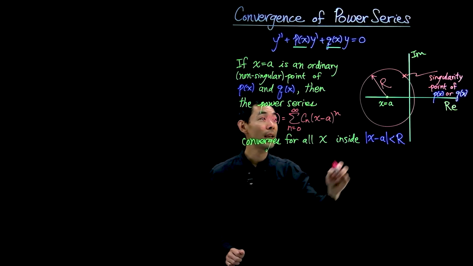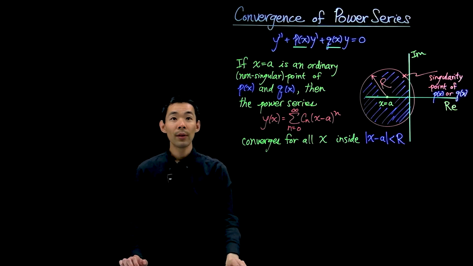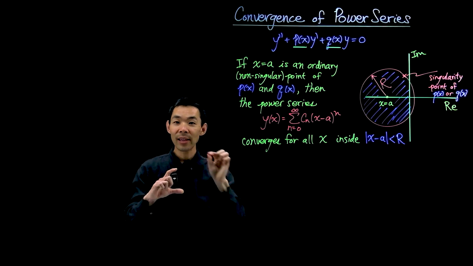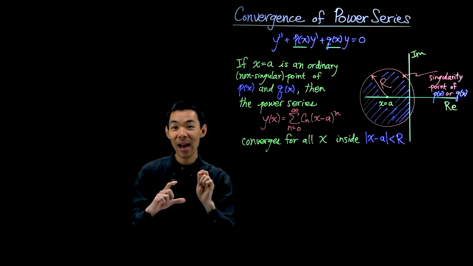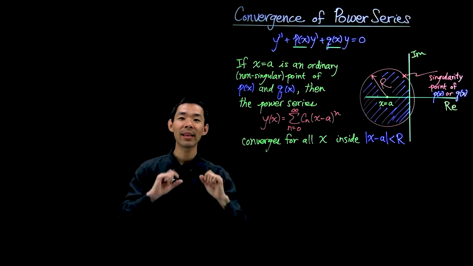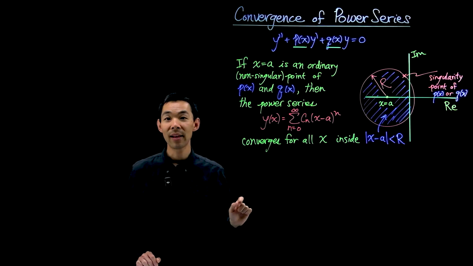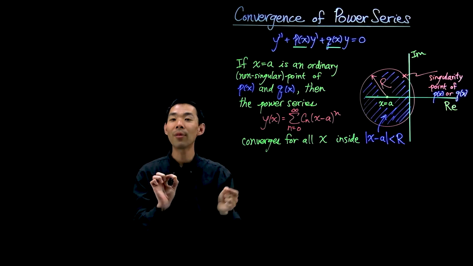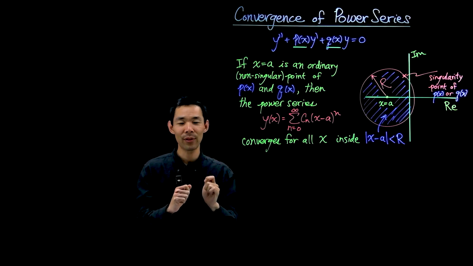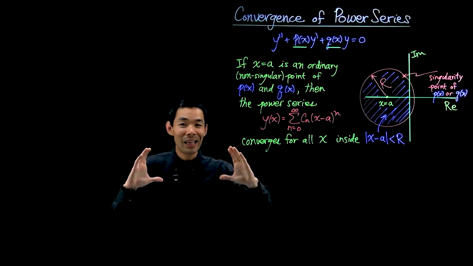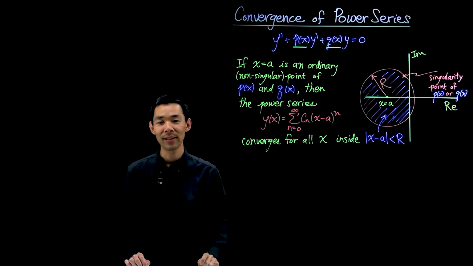And in this particular case, it would be everything inside of this disk. So inside that disk, I can go to any point and be guaranteed that my solution converges accurately to the right answer. And notice that this is less than r. It doesn't include the actual boundary value. At the boundary value, it depends. It might converge, it might not converge. So the strict definition is that, not including the boundary itself, it converges inside that disk.